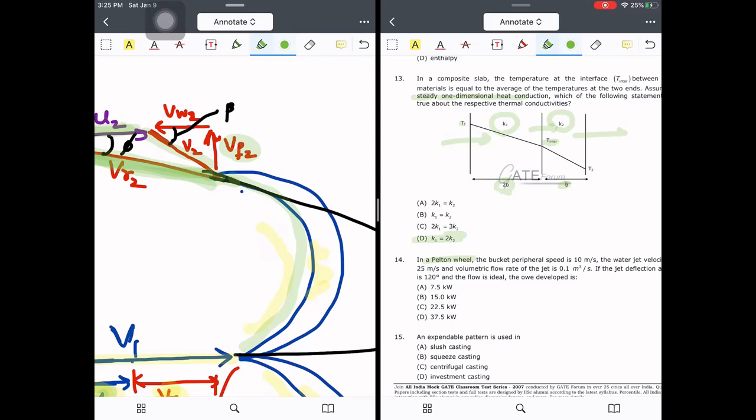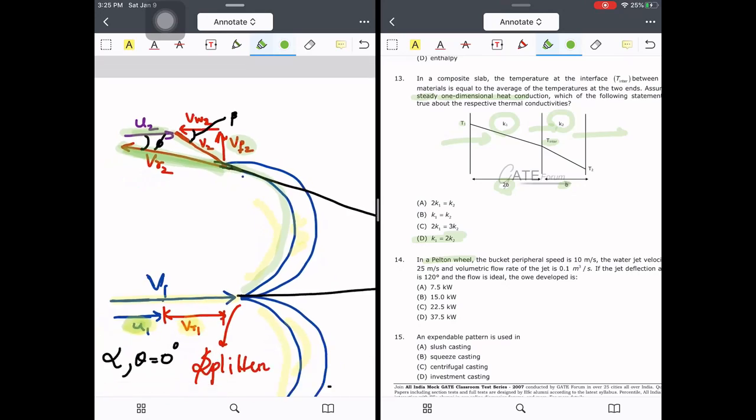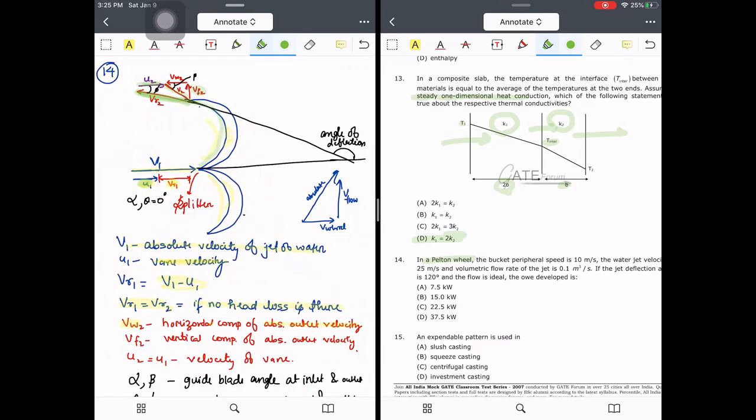The absolute velocity of the jet has two components. VF2 is the flow velocity, the vertical component of the absolute velocity of the jet at outlet, and whirl velocity VW2 is the horizontal component of the absolute velocity of the jet at outlet.